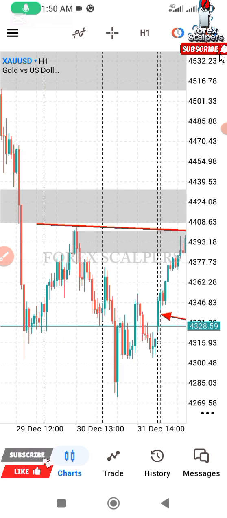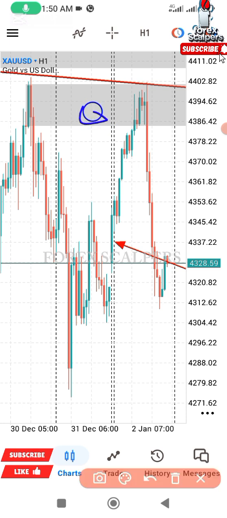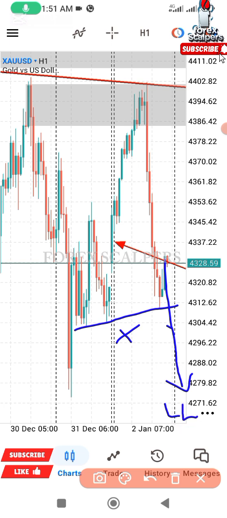You can see how price left this zone and moved into this order block. This is our order block on the 1-hour. Price moved into it, gave us a bearish engulfing candle, and you can see how it sold to the downside. We have liquidity sitting here, so we are still expecting price to sell and take away this liquidity in order for us to have a new lower low.